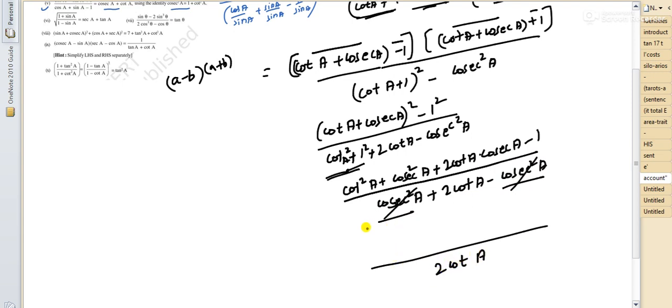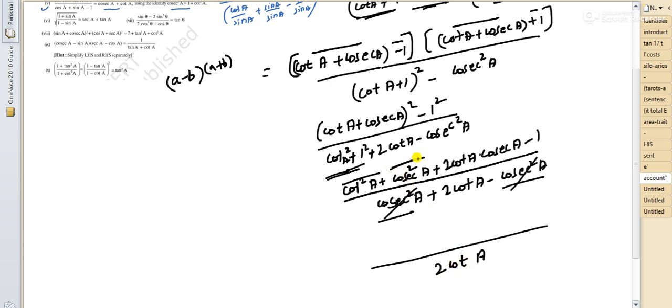And now in numerator, if you see, what do we have here? Cot square A, we need it as it is because we have to cancel this from denominator.